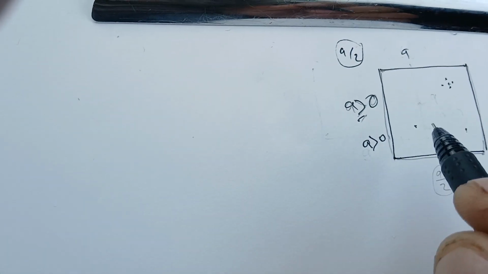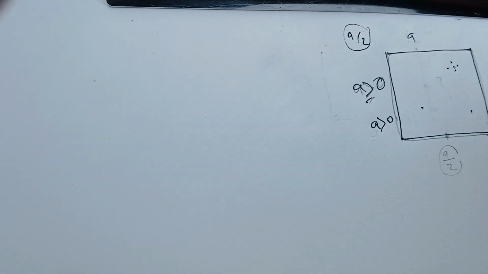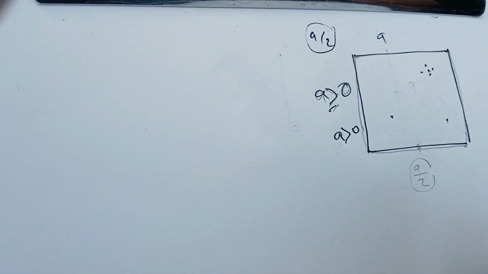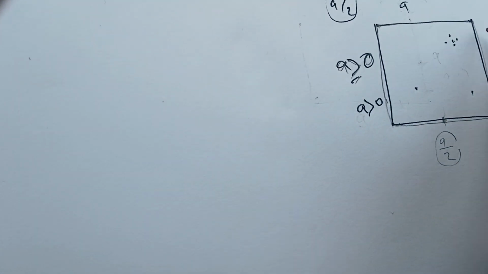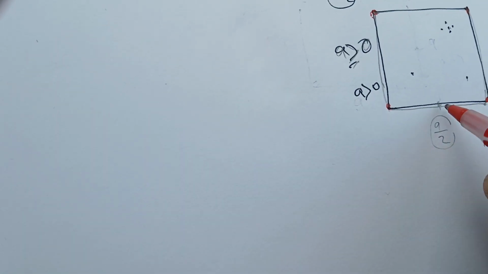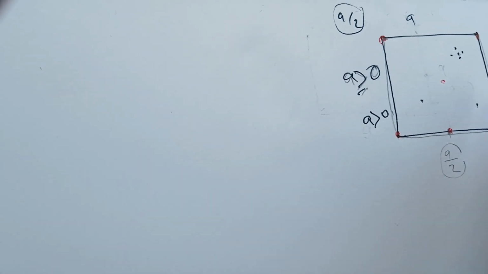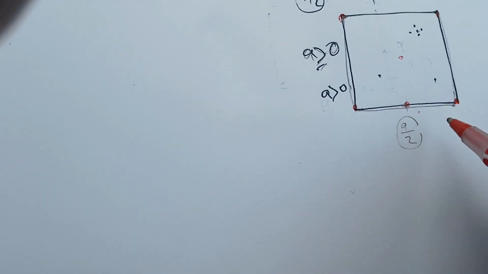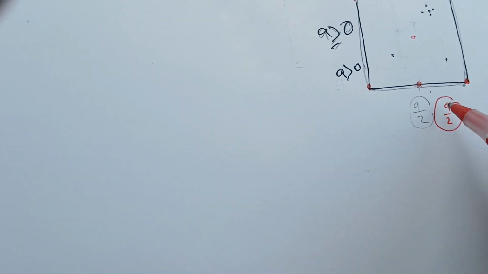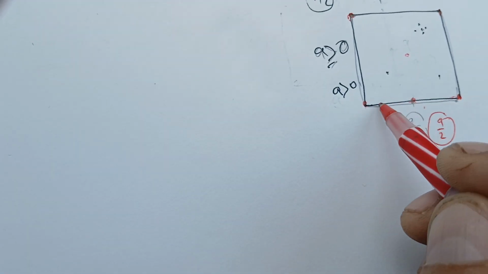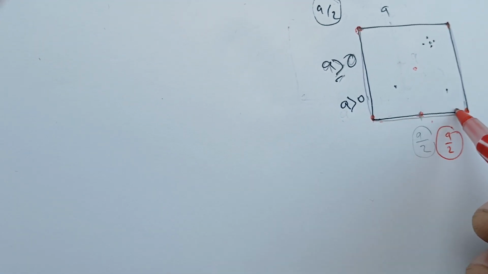But someone might say, okay, I can find points here in the corner, and the distance between the two is, in this case, exactly A over 2. But 5 of them, if you get 4, no, it's not possible.